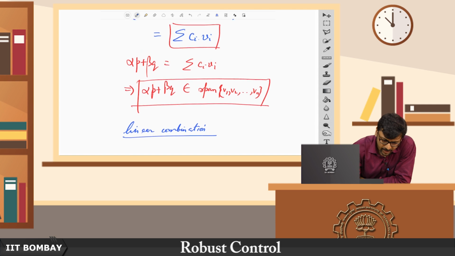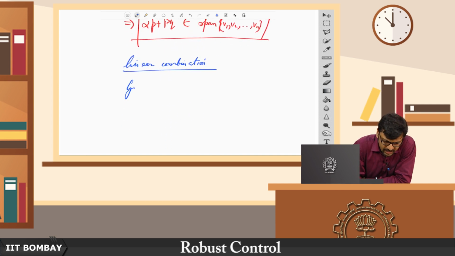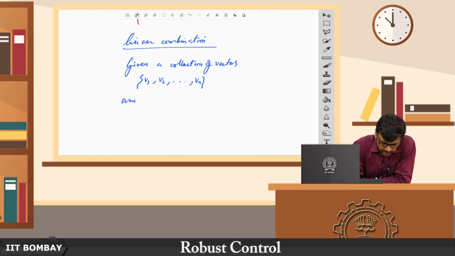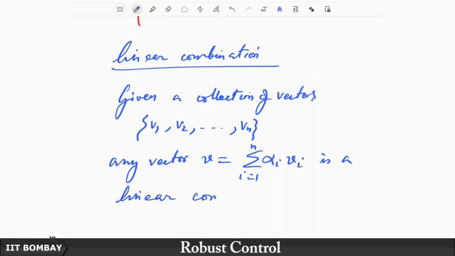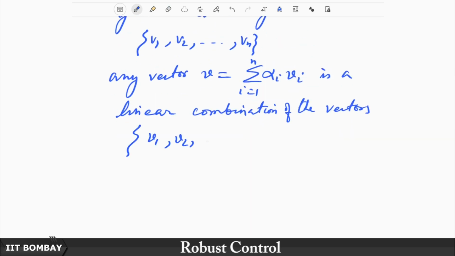The way we have defined this: given a collection of vectors, say v1, v2, dot dot dot till vn, any vector v equal to summation alpha i vi, i going from 1 through n, is a linear combination of the vectors v1, v2, so on and so forth till vn.